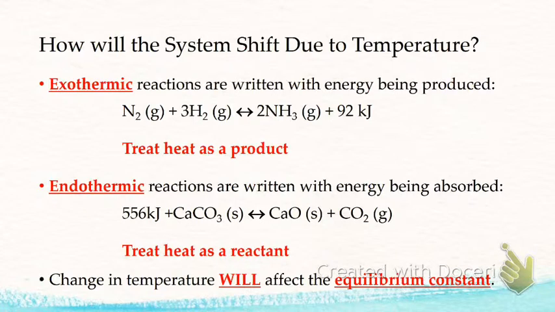Like in that endothermic reaction, when I increased my temperature, I started making more product, but I didn't necessarily decrease my concentrations of my reactants. So then my K value is going to go up. Generally, for every 10 degrees that you increase the temperature, your equilibrium constant goes up by a factor of 10, generally.